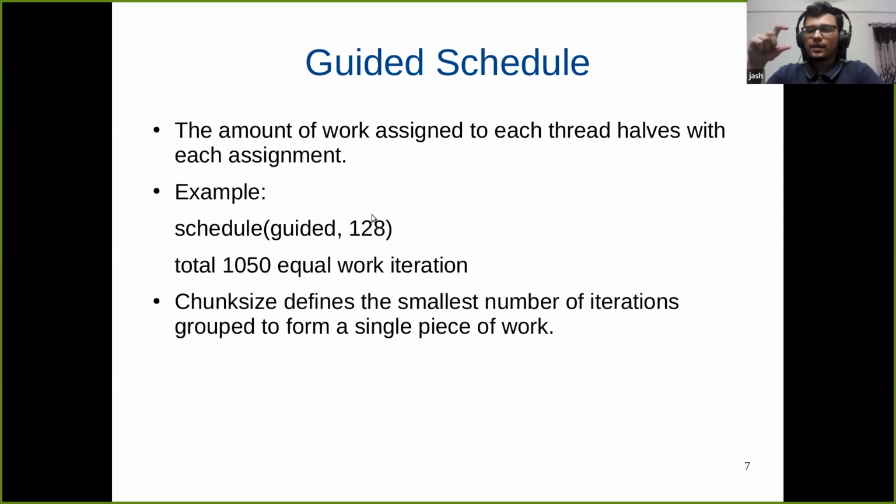The quantum, or the amount of work that is being given to each thread, will be governed by this chunk size, and this quantum of work will be designed in such a way that it will be reduced in each assignment.